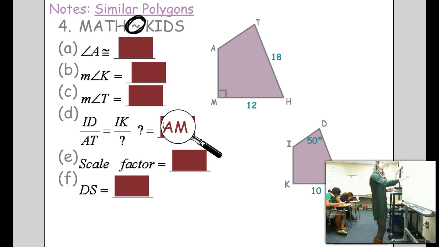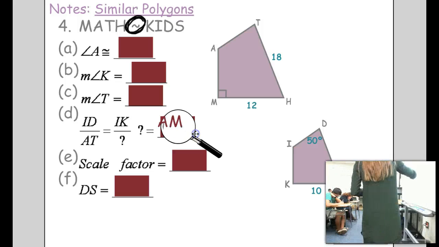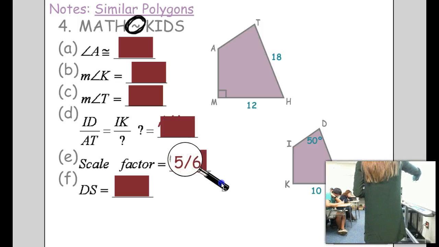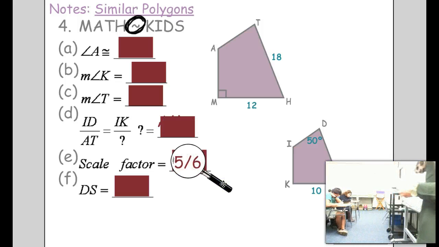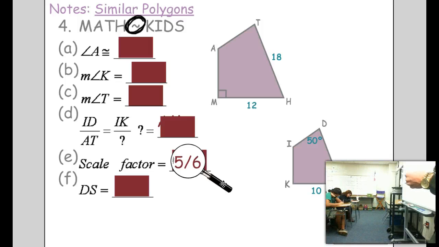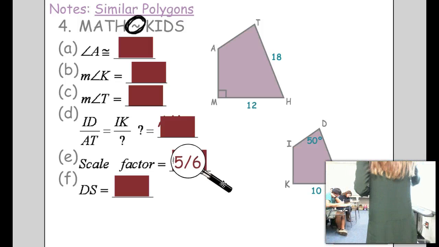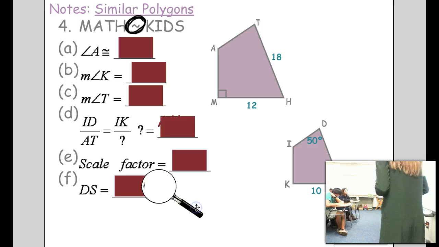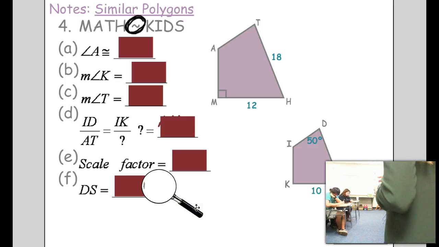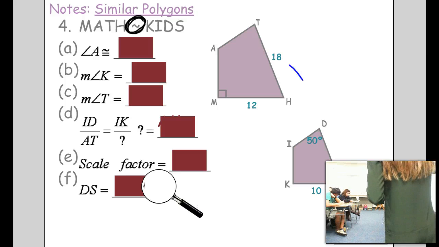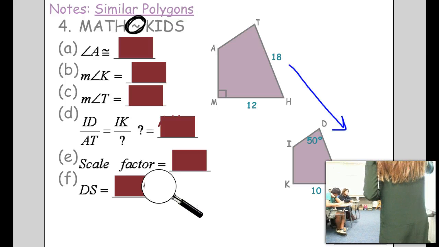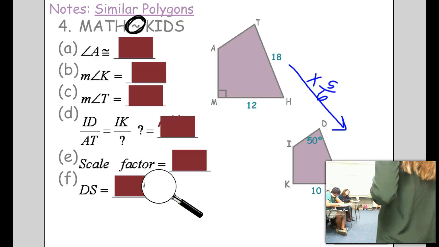Ava, what's the scale factor? 5/6. Yay, beautiful. Very nice. And Shelby, have you found DS yet? Okay, let's work on it. So you're just going to multiply by the scale factor. 18. Remember, we're going forward, so we just multiply. 18 times 5/6.